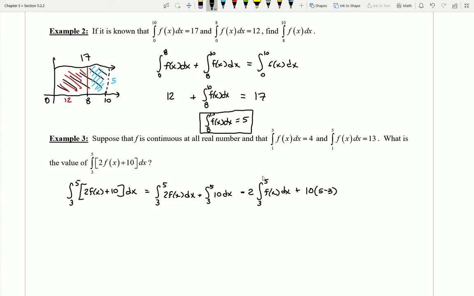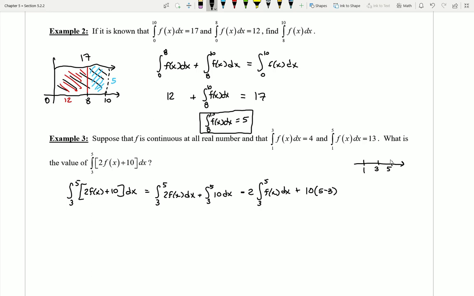Now, I notice that I don't have an integral that goes from 3 to 5. But I can easily see, if I think about a quick number line with the values 1, 3, and 5, that if I find the area from 1 to 3 and add the area from 3 to 5, I end up with the total area from 1 to 5.